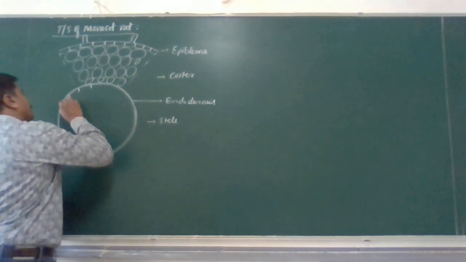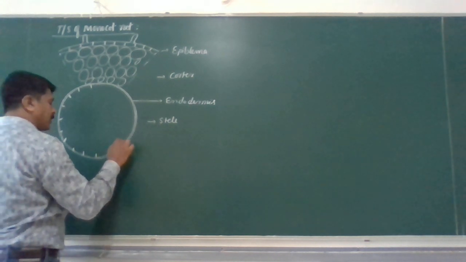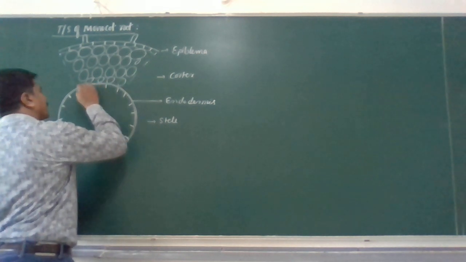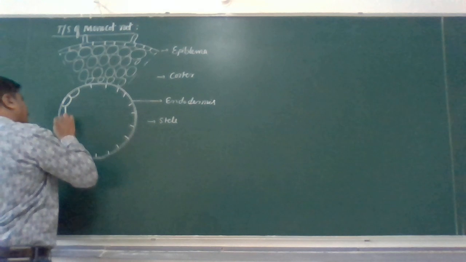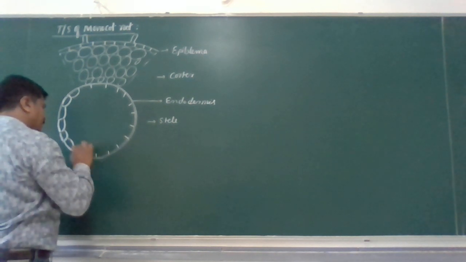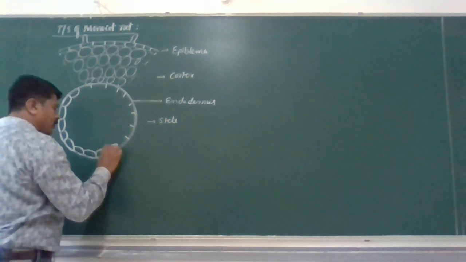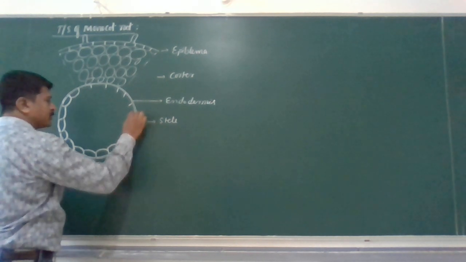This is the endodermis, made up of a single layer of compactly arranged rectangular parenchyma cells. These endodermal cells are thickened on radial and tangential walls due to the deposition of lignin and suberin.